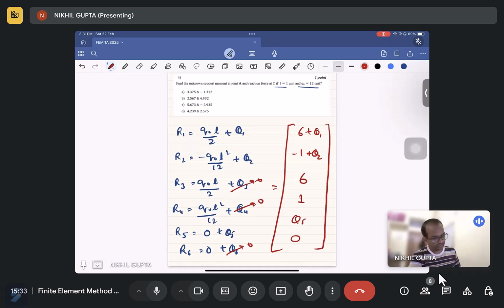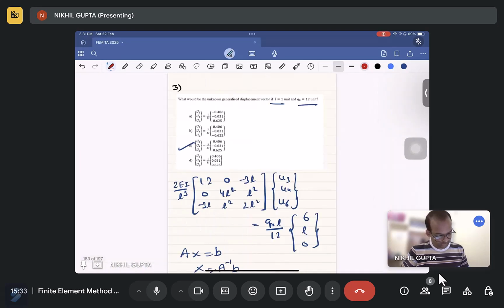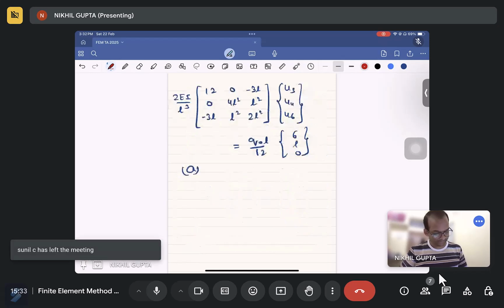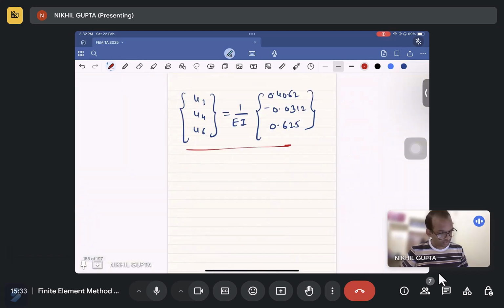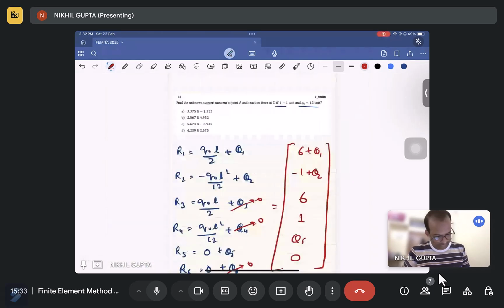This is the force vector we have got. Now, as you have solved the previous problem, you can put these U values in the global stiffness matrix and get the values of these reactions as well. Once you substitute and solve, you will get the answer as A. It's just manipulating and substituting to get the values.